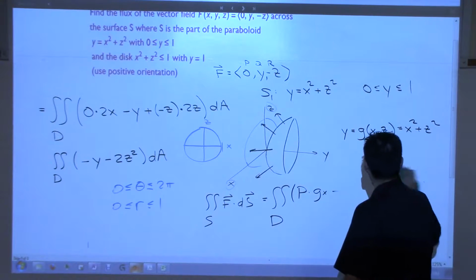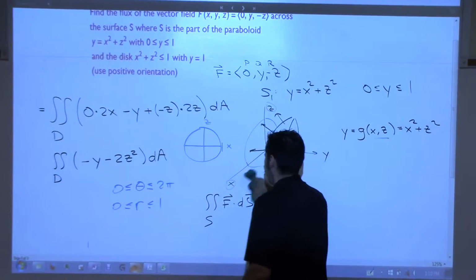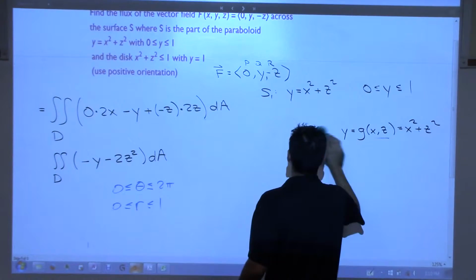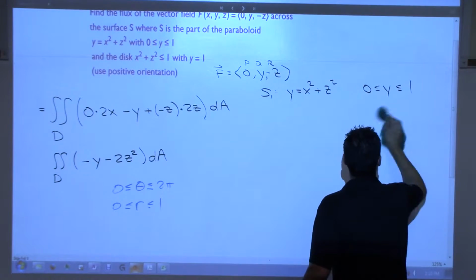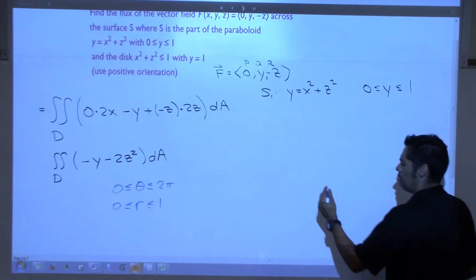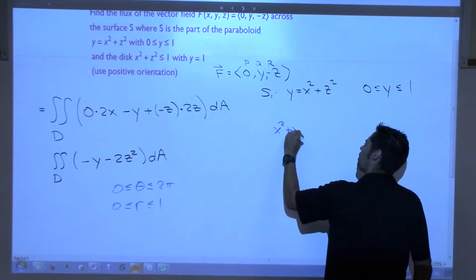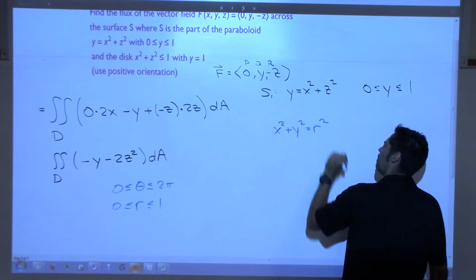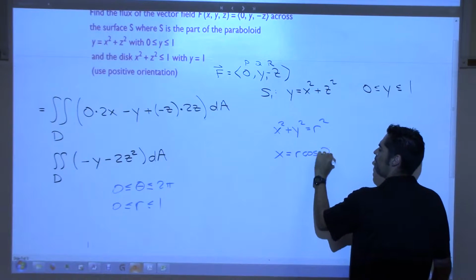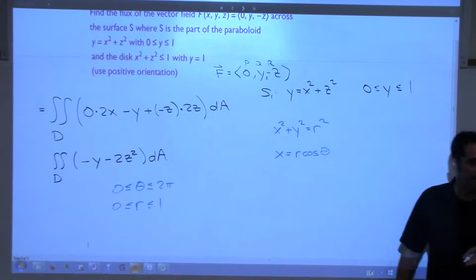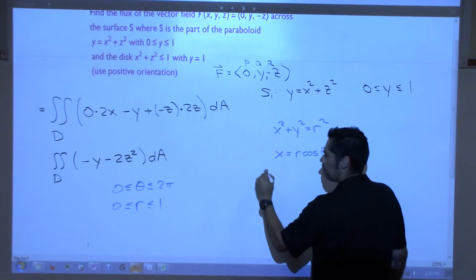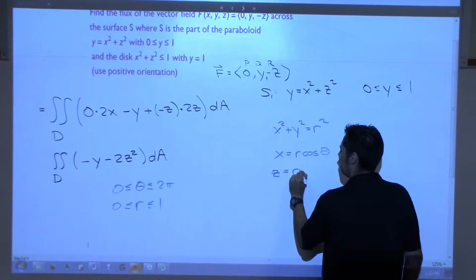Now, what are the conversion identities that I can use here? If I'm going to use polar coordinates, anywhere I see x squared plus z squared, I can replace it with r squared. I can replace x with r cosine theta, but not y, right? Not y is r sine theta. It's actually z, because we were in the xz plane.